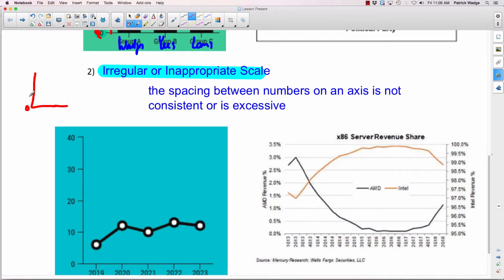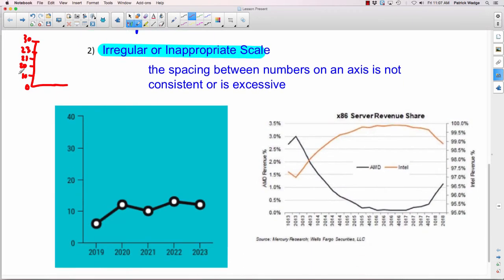Sometimes they'll go 10, then 20, then 21, then 23, then 30. You can't do that, right? If you're going up by 10 and 10, you have to keep going up by 10, 10, 10. It's not fair to do it this way. So that would be a somewhat rare but possible way of messing this up.